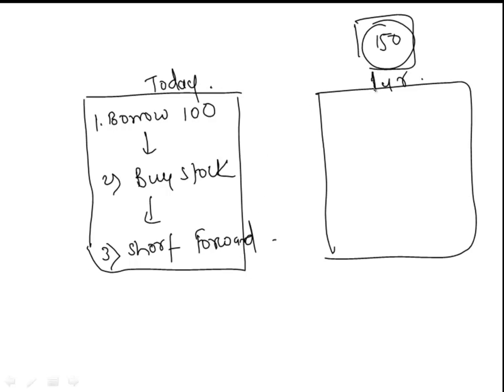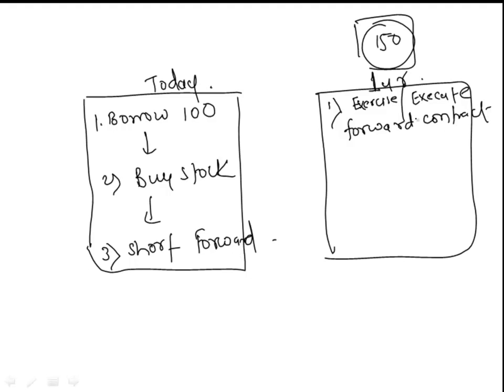Now see, what will happen after 1 year is that you will execute the forward contract. You've already entered into the short side, so you would execute your forward contract.